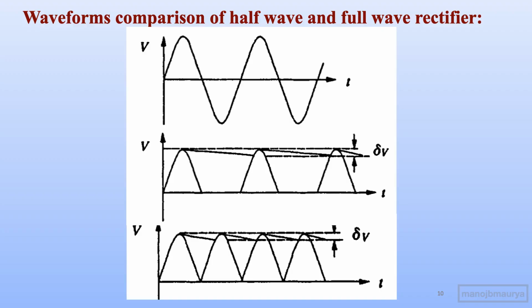Let us have a comparison of waveforms of half wave and full wave rectifier circuits. We can clearly observe that for the same input AC voltage, the output available from a half wave rectifier is a single pulse output for one cycle of AC input voltage, while for a full wave rectifier it's a 2 pulse output.